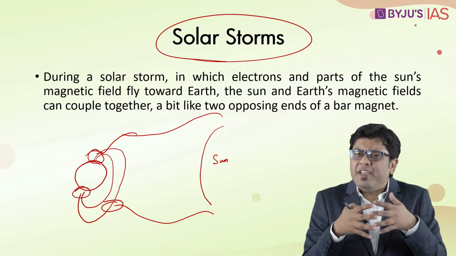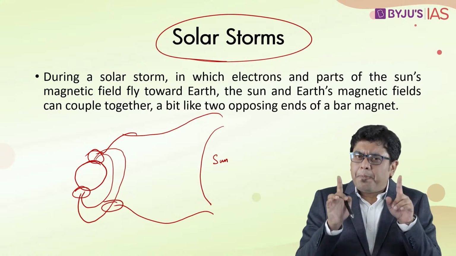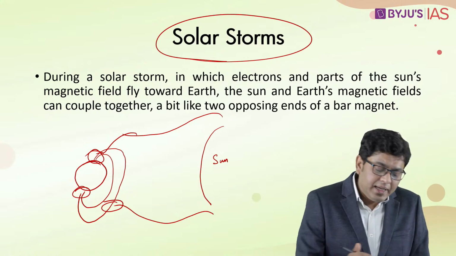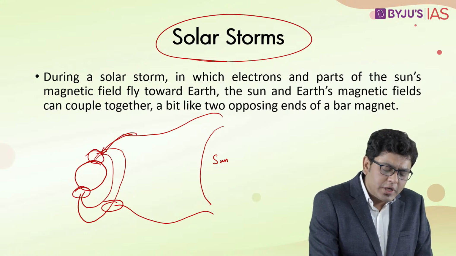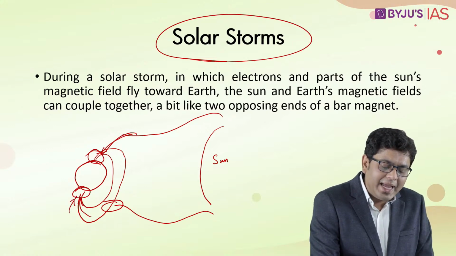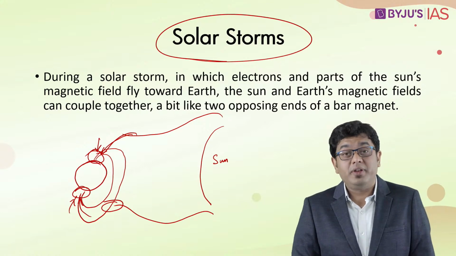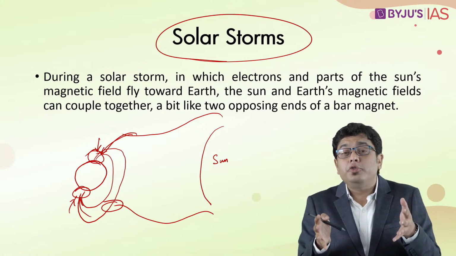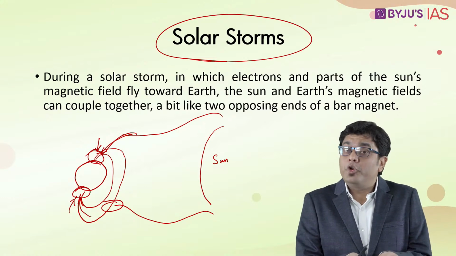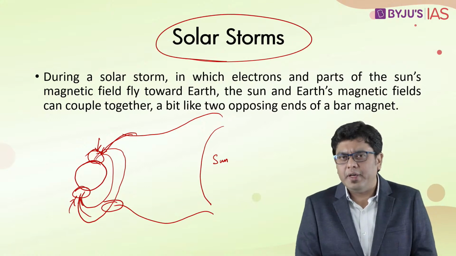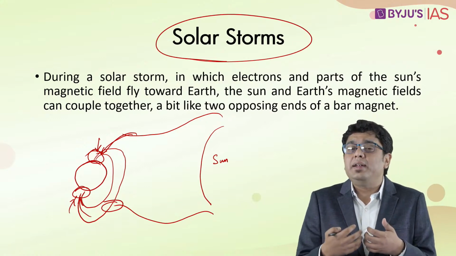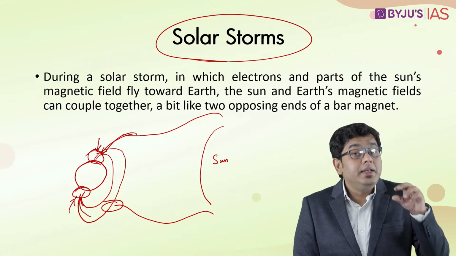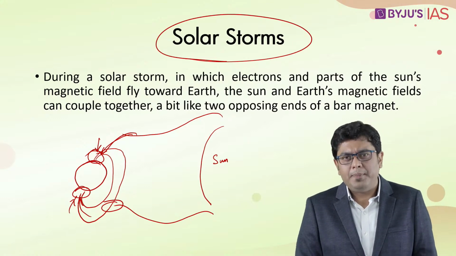When you look at the various impacts, one of the prime and very apparent impacts is that you will have a huge amount of electrons trying to sink over these polar regions. When such a huge amount of electrons try to sink over the upper reaches of the atmosphere, that will automatically create its own kind of heat, and many times that leads to atmospheric bulging as well.